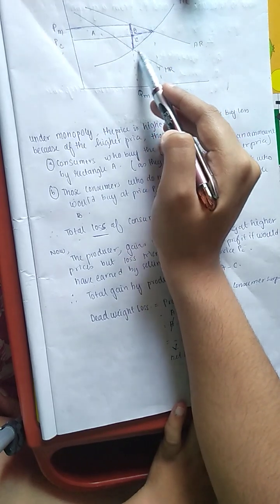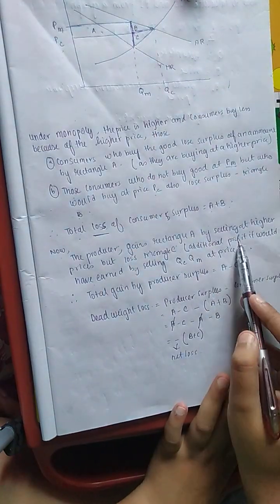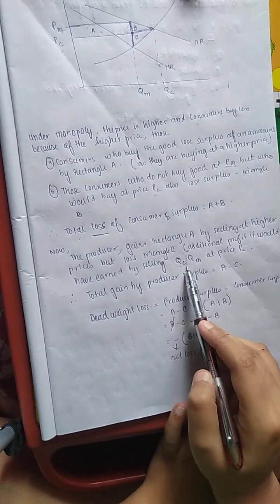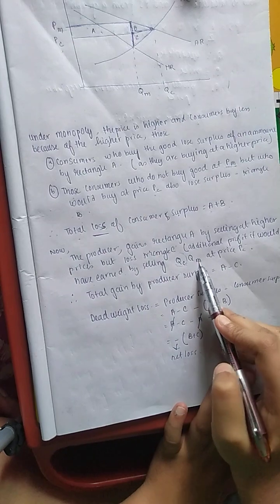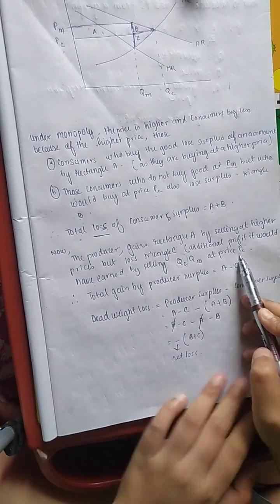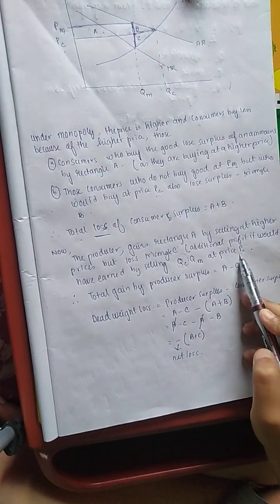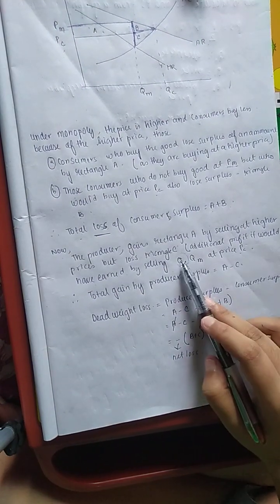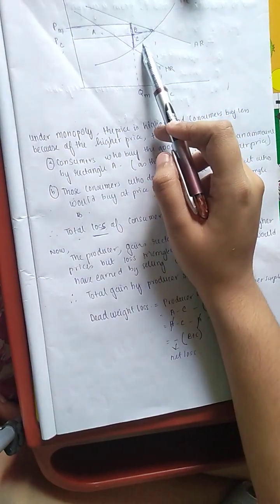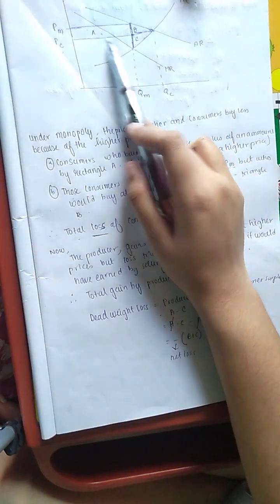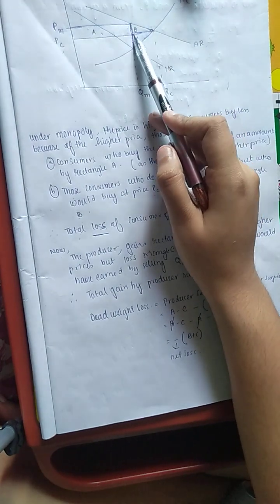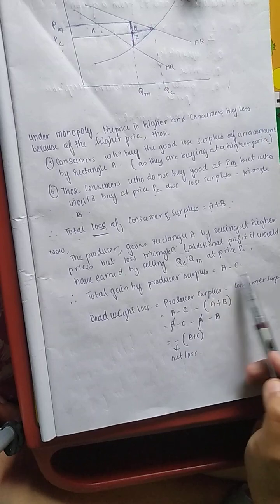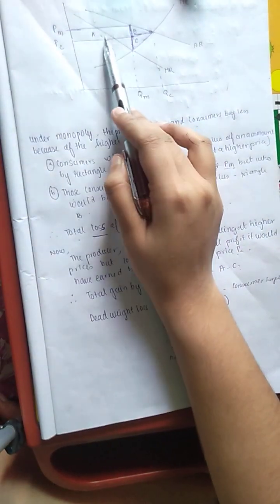So it is a loss for the producer: the additional profit it would have earned by selling the quantity between the monopoly quantity and the competitive quantity QC at the price PC. They are selling at a higher price, so they lose this C part. So the net gain in producer surplus is A minus C, gain minus loss.